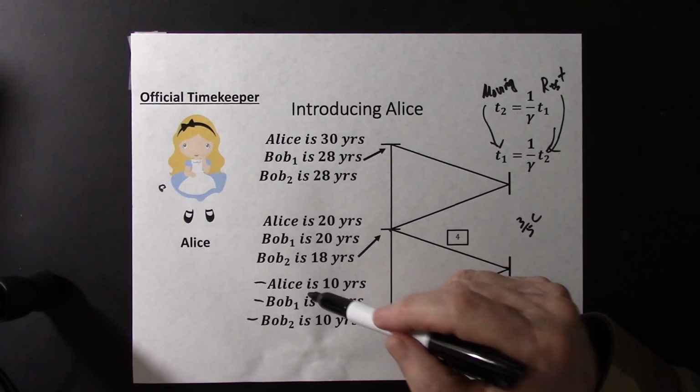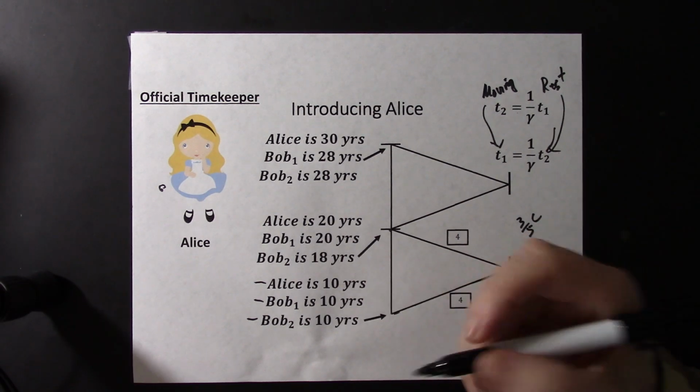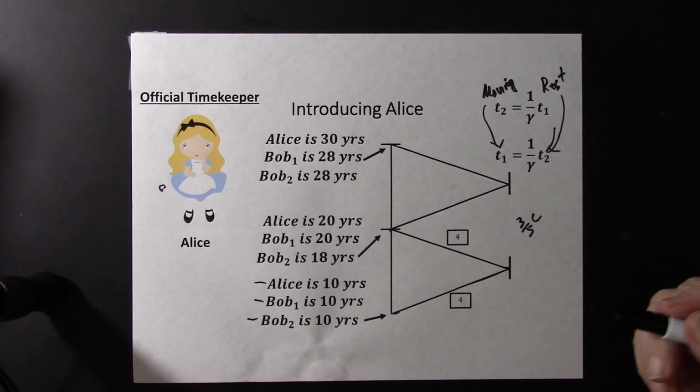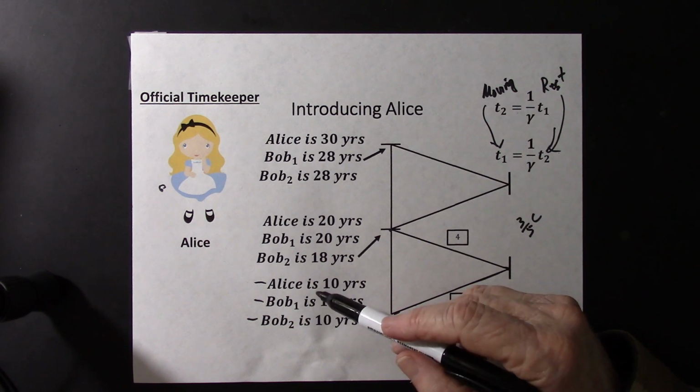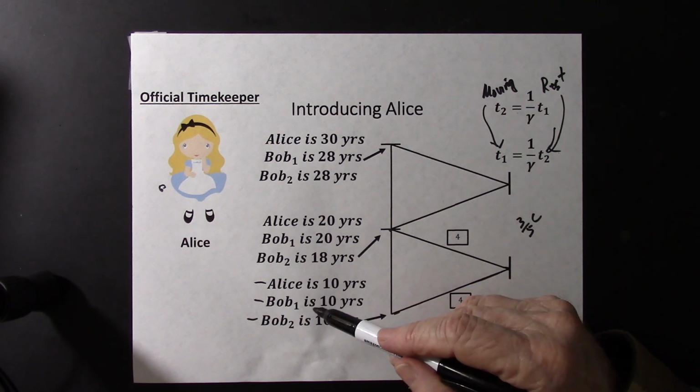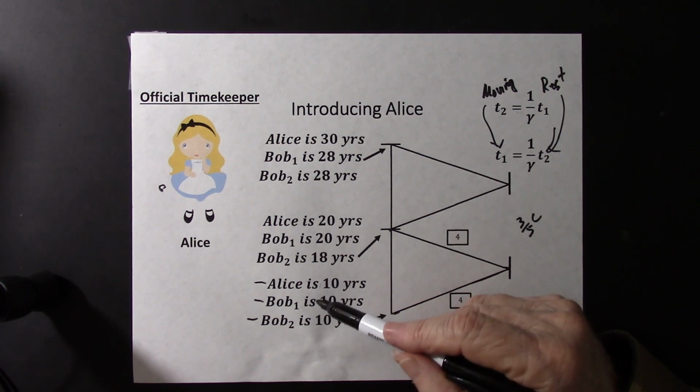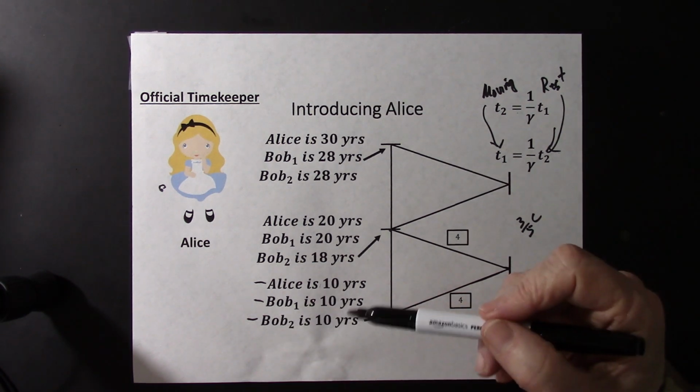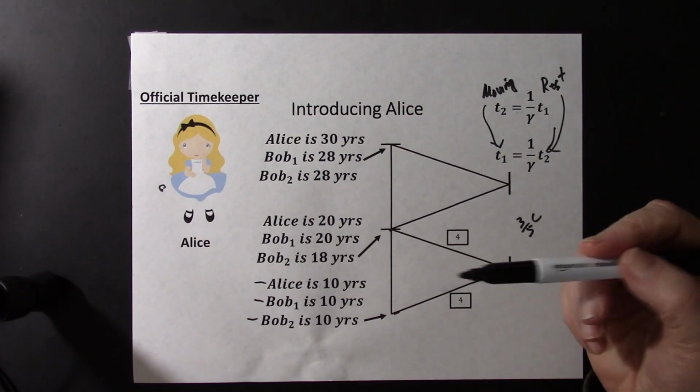Alice, since she's riding with Bob 1, can't really tell whether she's the one that's taking the trip. But what she can tell is that her clock is moving at the same rate as Bob 1's clock because they're at rest relative to one another. She can consider Bob 2 in this first leg of the trip as the one who's moving.